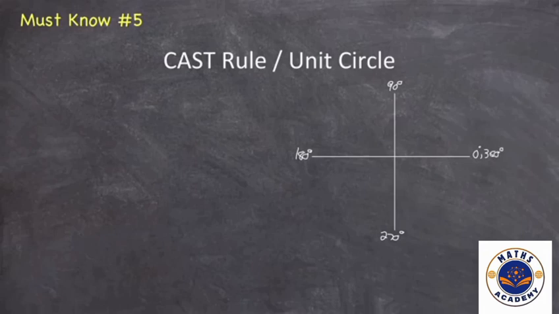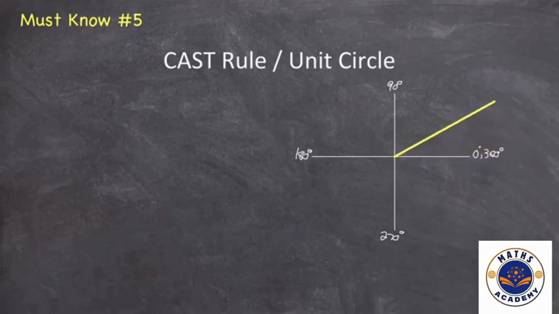The reason why I label them like that is because when we think of angles now, we're not going to think of them as angles in a triangle, but we're going to think of an initial arm, which starts on the positive x-axis, and then rotates some angle counterclockwise in a circle away from that positive x-axis. So if you rotated 90 degrees, you would be up here, 180 here, 270 here, 360 back to where we started, which is why we say it's coterminal with 0 degrees.